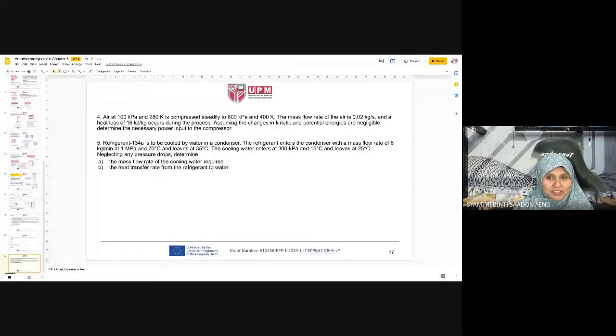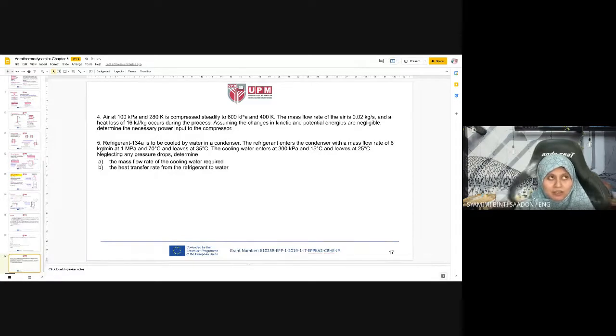Okay, so refrigerant 134A is to be cooled by water in a condenser. So now we have a condensation process. Just now we have seen turbine, expansion, compressor, compression, now condenser, condensation. The refrigerant enters the condenser with a mass flow rate of 6 kg per minute at 1 megapascal and 70 degrees Celsius and leaves at 35 degrees Celsius.